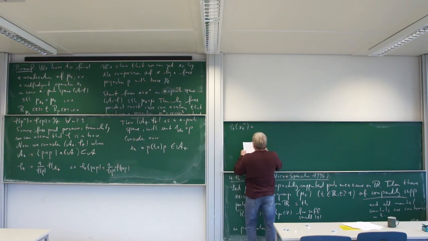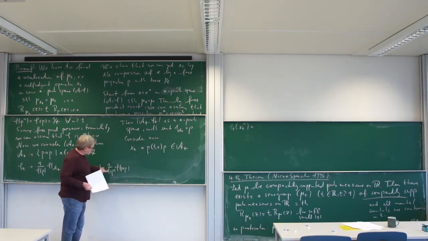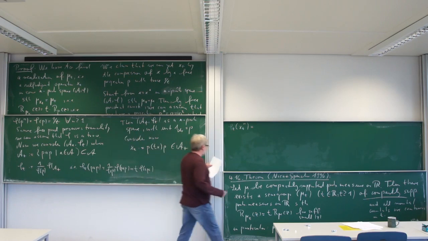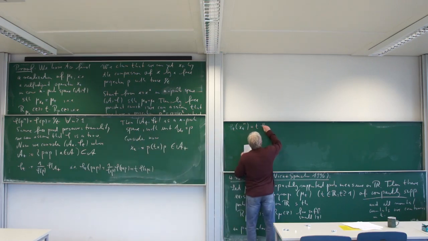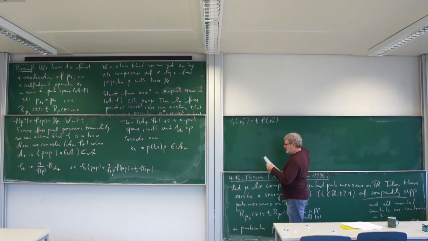So I go back and phi t is just 1 over phi p, but phi p was 1 over t. So this is t times phi p. Okay, so this phi t here is just t times the moment of xt in the original space A.